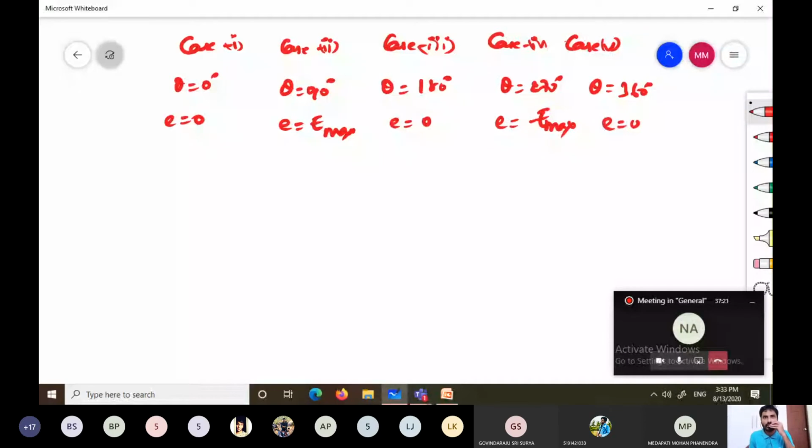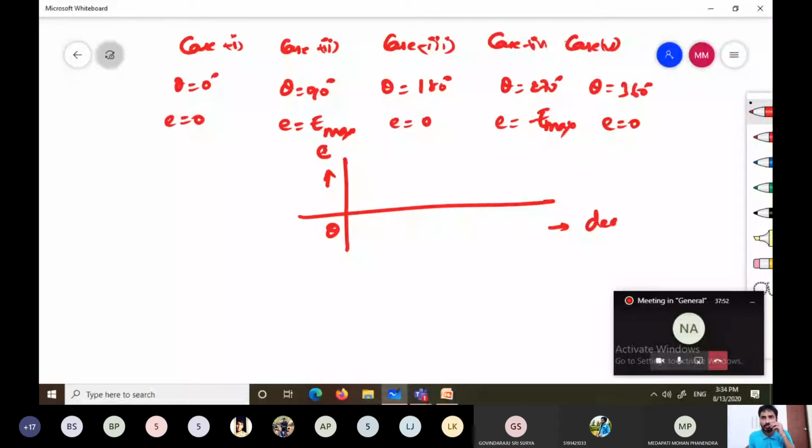According to this, I want to draw the EMF waveform with respect to time. This is the EMF axis E, and take the x-axis as the time axis. Or you can represent it with theta, because it is easy.